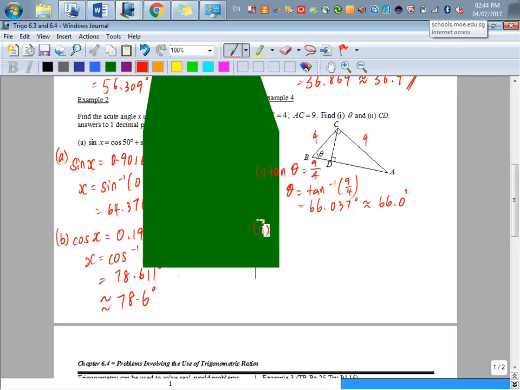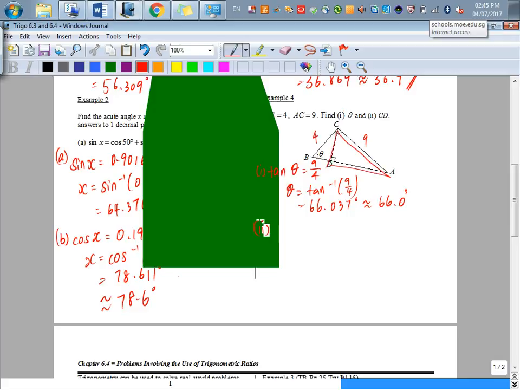How? How to find CD? What are we given? Okay, so Vina, you are saying that we focus on this triangle, is it?